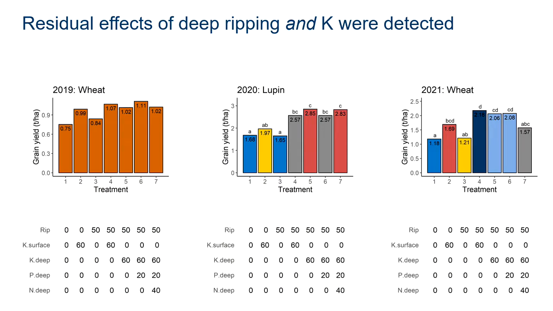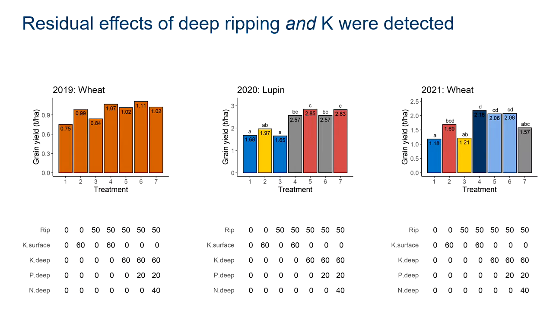So in the second year with Lupins, we didn't see a residual effect of K applied on the surface, didn't see an effect of deep ripping, but nearly a ton response to the combination of deep ripping and K, and no differences between the deep ripping and K treatments. When we go through to this year with wheat, a similar story, although we did actually detect a residual effect of that 60 kilos of K only applied in year 1.